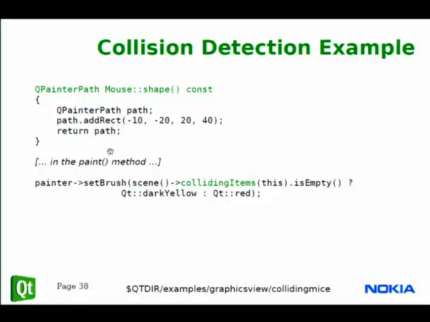So that would be how you'd make a simple rectangle. And in your paint method, you want to set the brush to either dark yellow or red, depending on whether this mouse in this scene has colliding items.